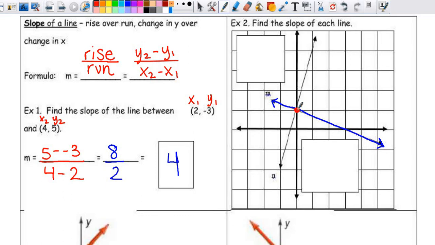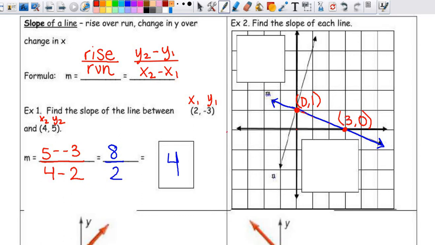So we can use this point, which is at 0, 1. We can also use, if we go down the line, not at a good point, not at a good point, here's a good point we can use. That's 1, 2, 3 for the X and 0 for the Y. It did not go up or down at all.